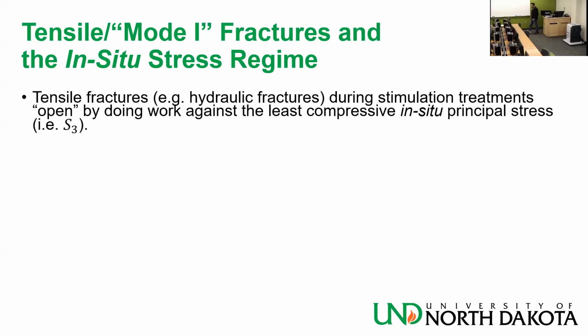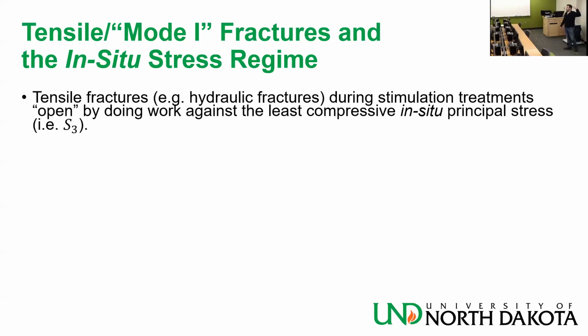The important point about that is something that you guys learned in geomechanics when you were doing the same topic. The fractures, mode 1 fractures, opening mode, always open against the least compressive or most tensile stress. And we say S3, okay?